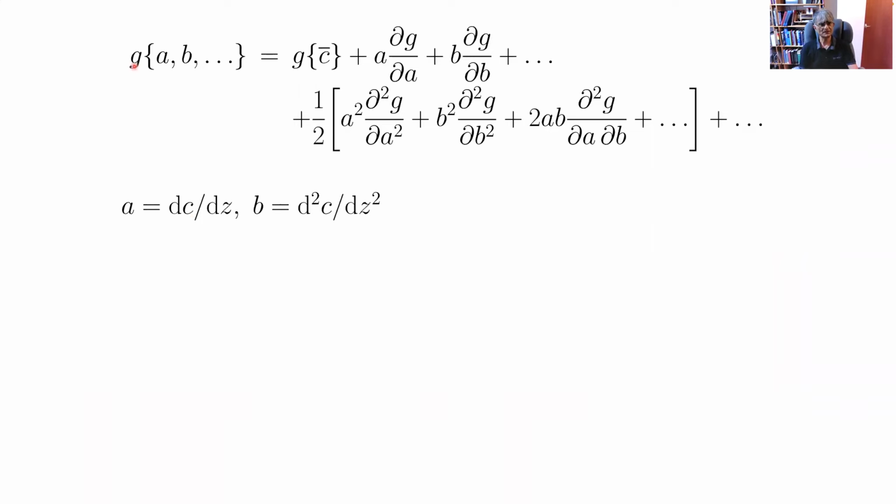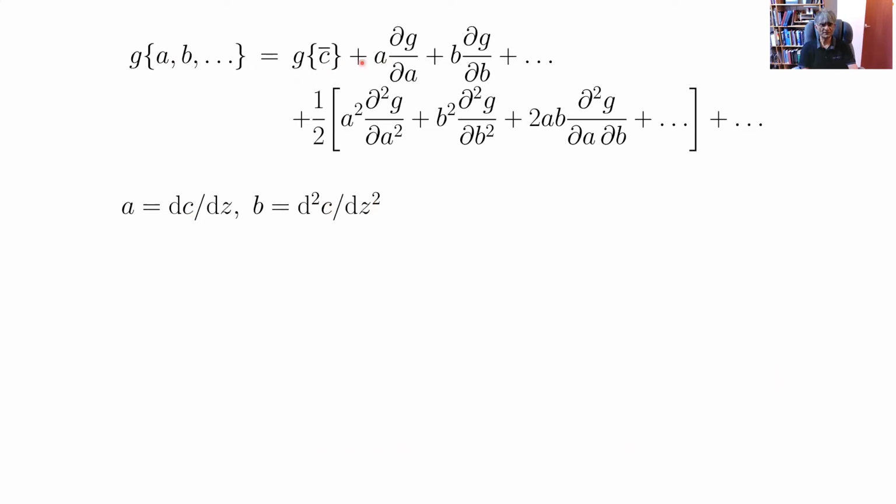So A here is the gradient of concentration, and B the second derivative of the concentration, and he did this polynomial expansion in terms of these two variables.